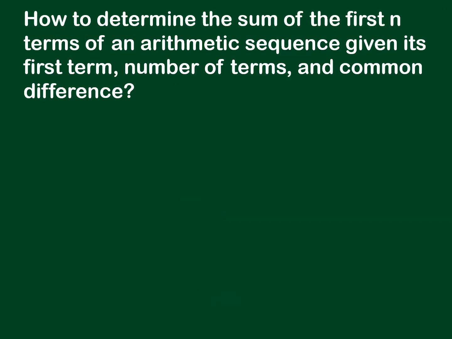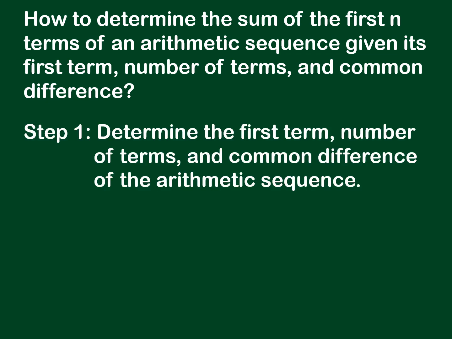Let us discuss now the process on how to determine the sum of the first n terms of an arithmetic sequence given its first term, number of terms, and common difference. For step 1, determine the first term, number of terms, and common difference of the arithmetic sequence.